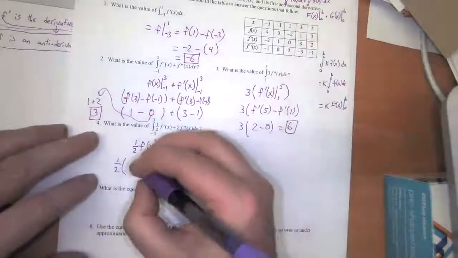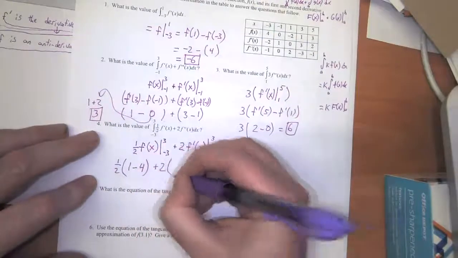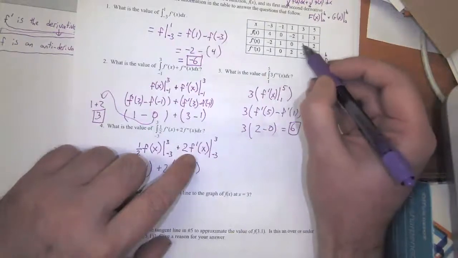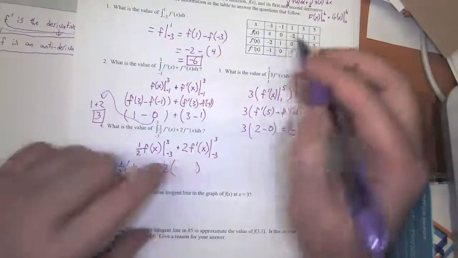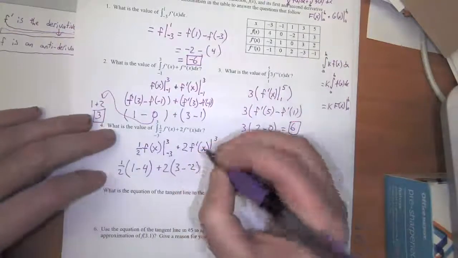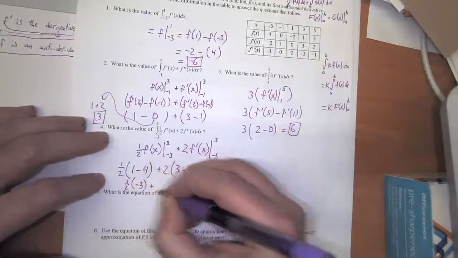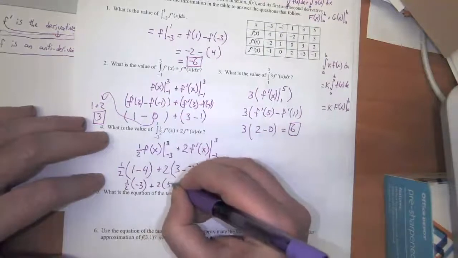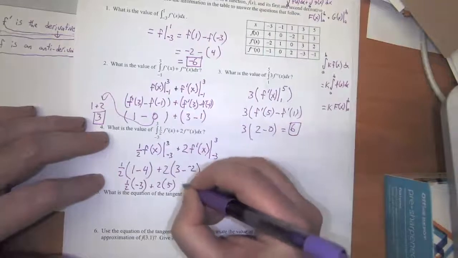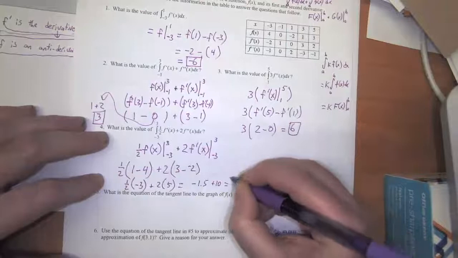F of -3 is 4. F prime of 3 is 3. F prime of -3 is -2. Okay, so that's 1/2 times -3 plus 2 times 5, which is -1.5 plus 10, which is equal to 8.5.